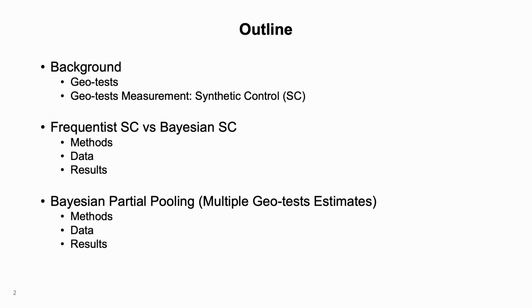Applying Bayesian partial pooling can better handle the heterogeneity information for both within-geo uncertainty and between-geo variability, which can provide more nuanced inference results and also better predictive performance. And for each part, we're going to introduce methods, the data set used, and also the final results.